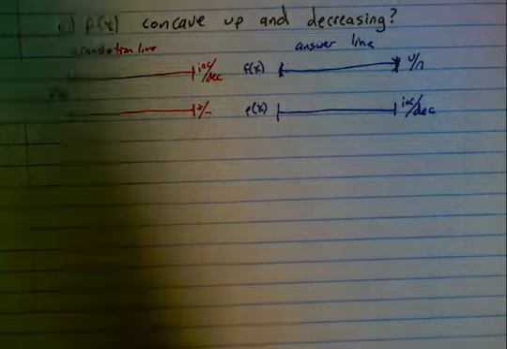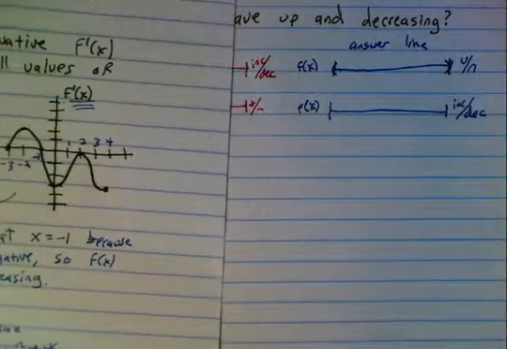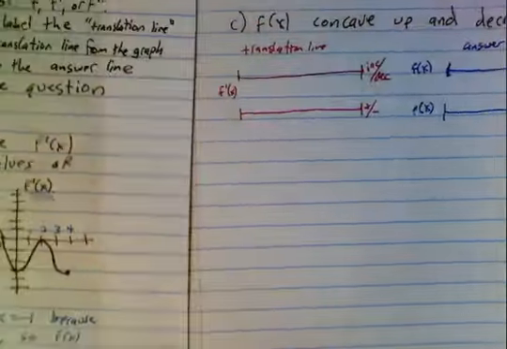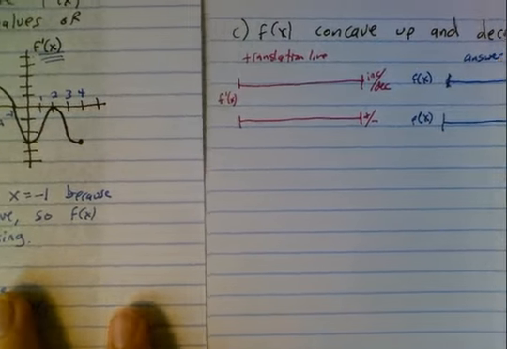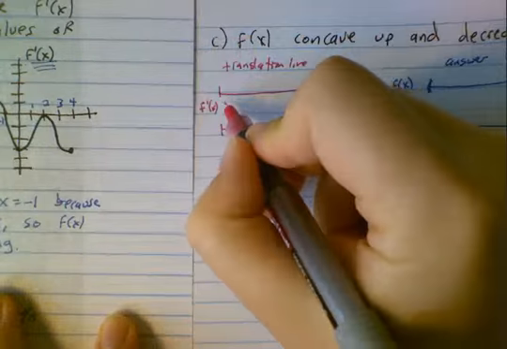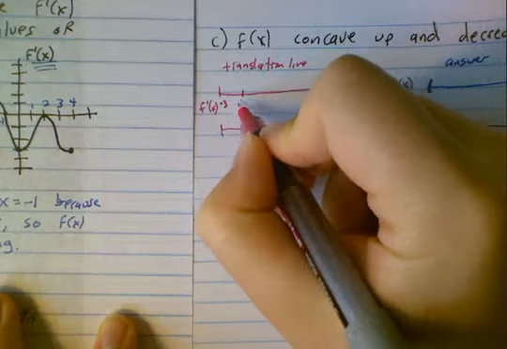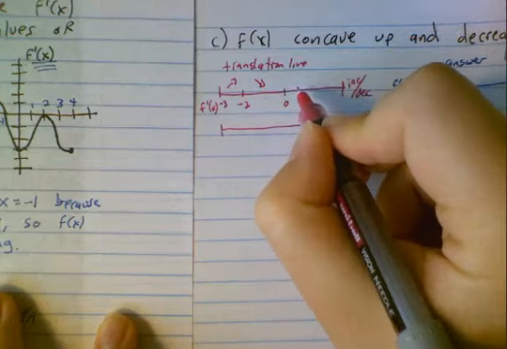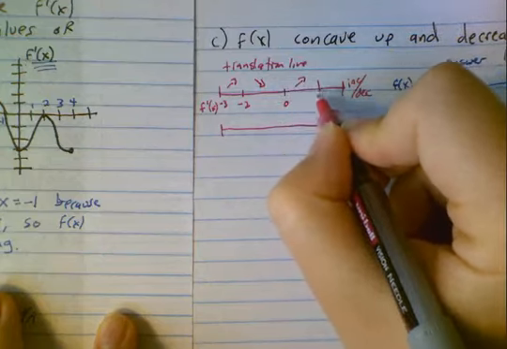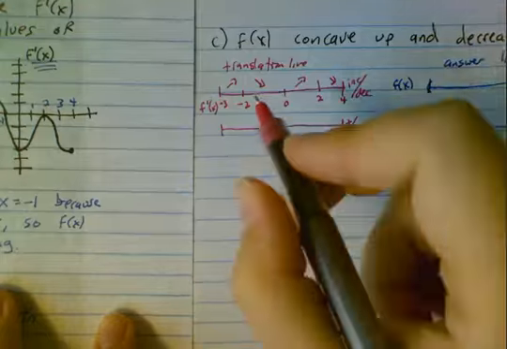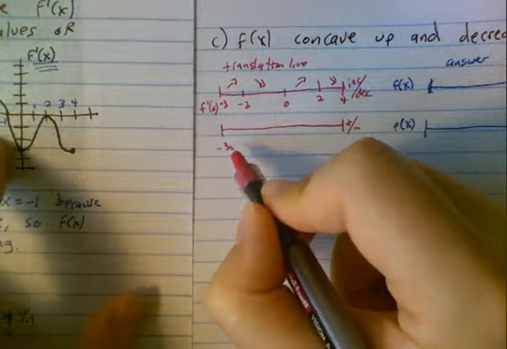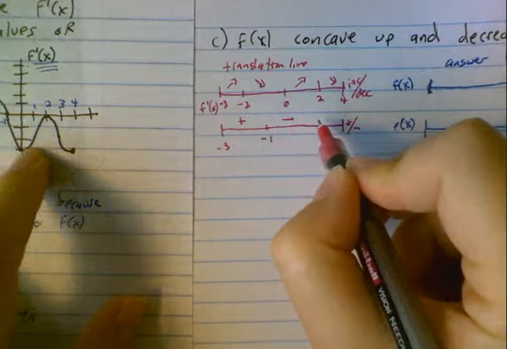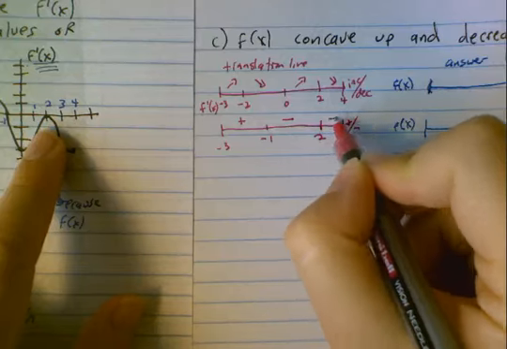And now, just like normal, I'm going to fill that in just like we would any other three-line chart. So from -3, increasing to -2, decreasing to 0, increasing to 2, decreasing to 4, positive from -3 to -1, negative until 2, negative after that.